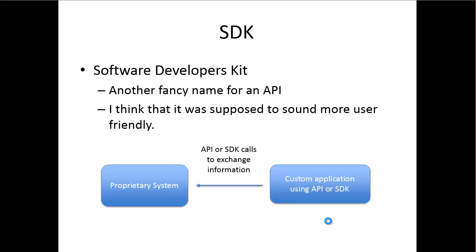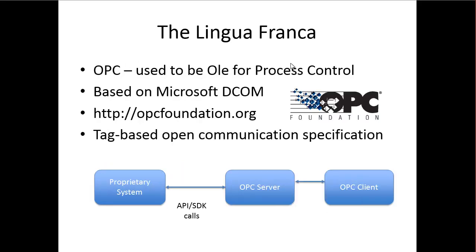And so a solution's been developed over the years, and one of them has become the lingua franca, the common language of control systems, and it's called OPC. This is based on a Microsoft technology, and Microsoft used to call it OLE, which was object linking and embedding.